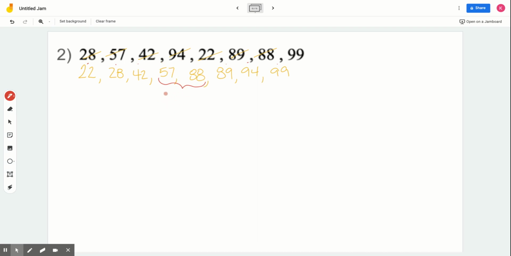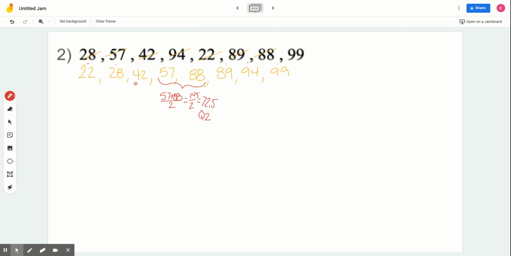So remember that we add them together and we divide them by 2. 57 plus 88 is 145. And 145 divided by 2 is 72.5. So I'm going to label this as Q2. That's our median or quartile 2.